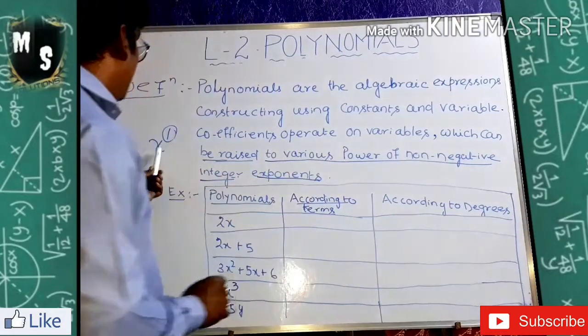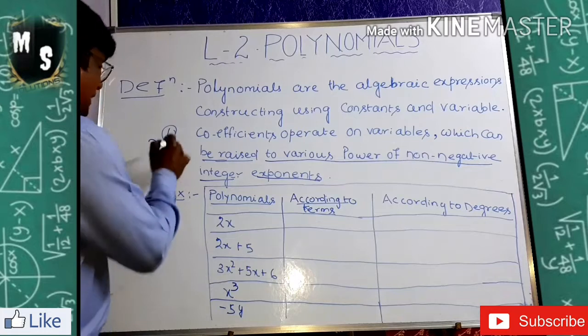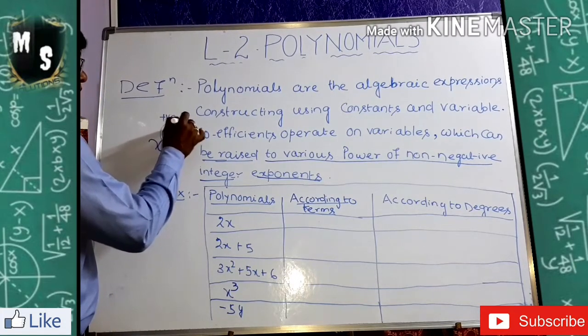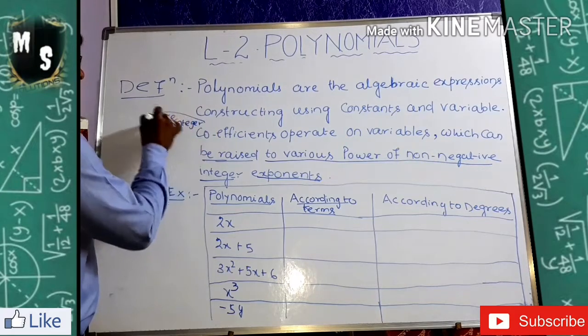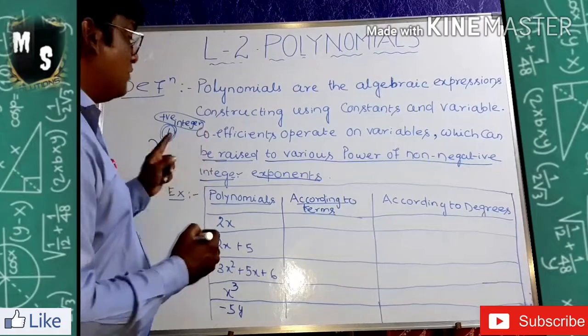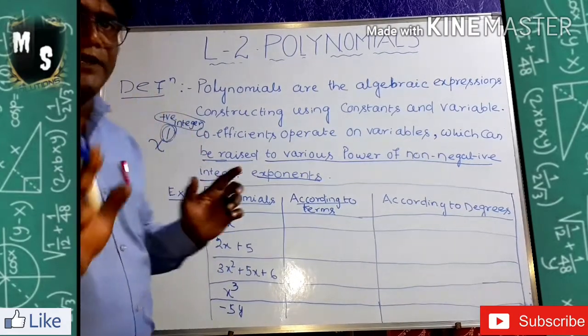So here the variable power must be non-negative, that means a positive integer. It cannot be a negative integer.